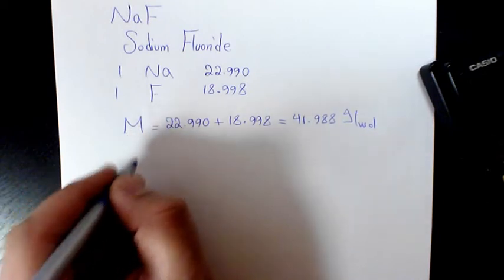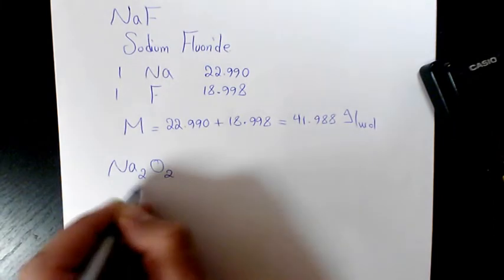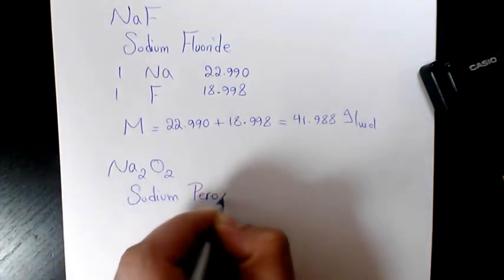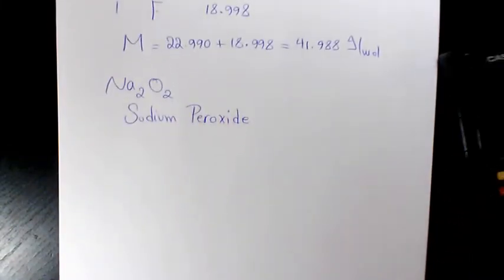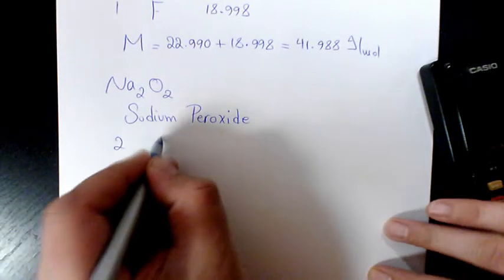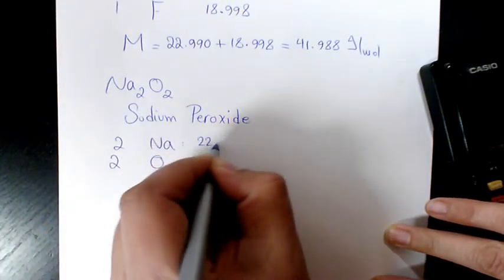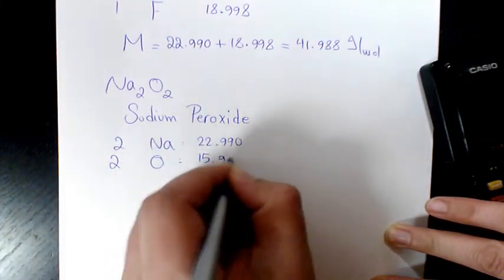Next one is Na2O2. That's going to be sodium peroxide. Sodium peroxide has 2 atoms of sodium and 2 atoms of oxygen. Sodium is 22.990. Oxygen is 15.999.